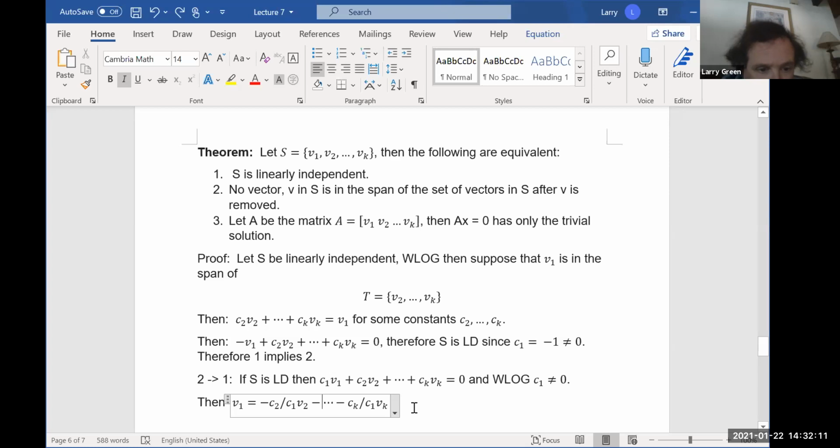And that's all I needed because guess what? I've just written V1 as a linear combination of V2 through VK. So therefore, V1 is in the span of the rest.